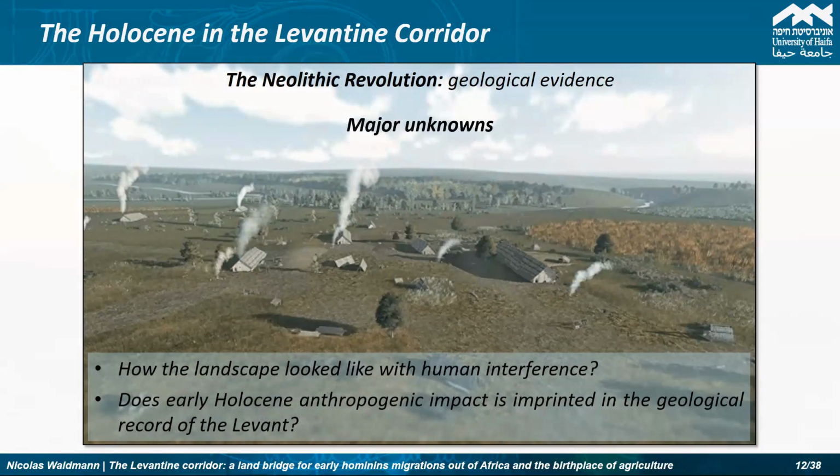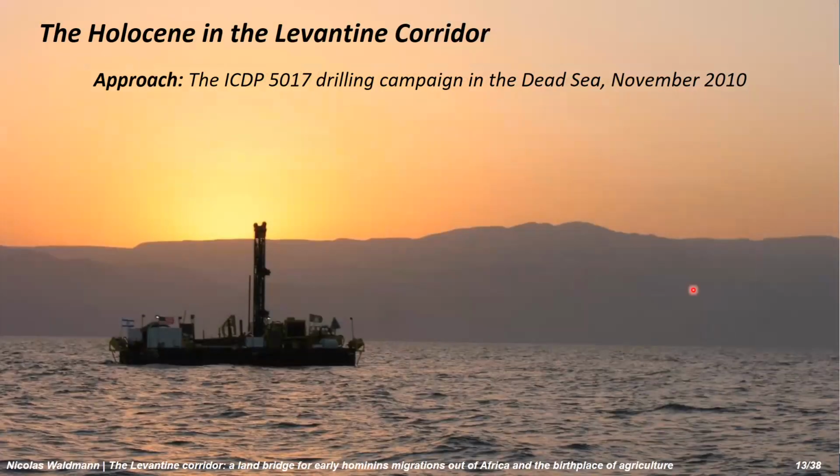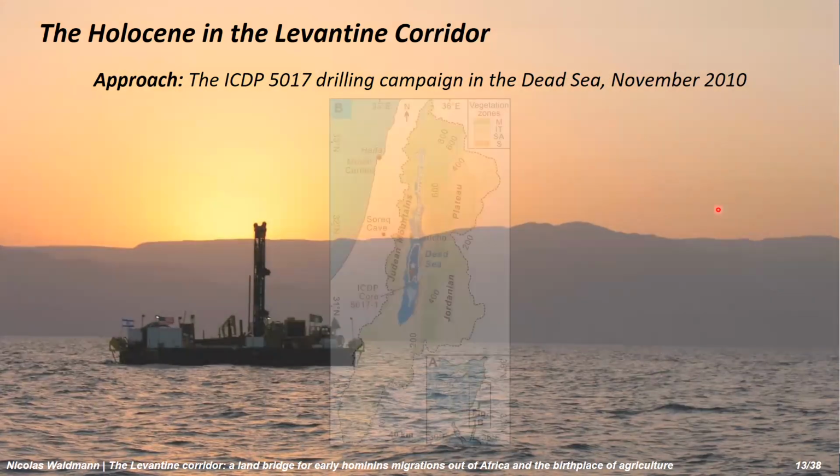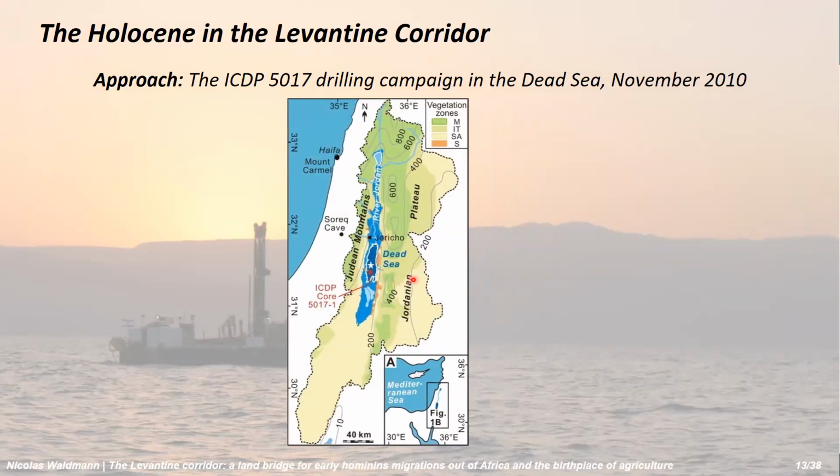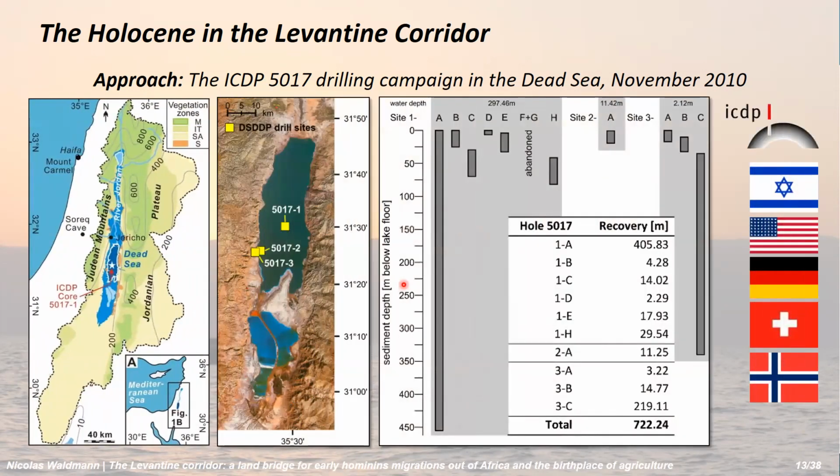And to answer this, what we did was go to the ICDP 5017 drilling campaign in the Dead Sea, which we cored in November 2010. So what you see here is the watershed map of the Dead Sea, okay, with the location of the ICDP core 5017.